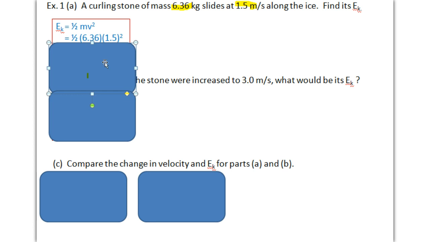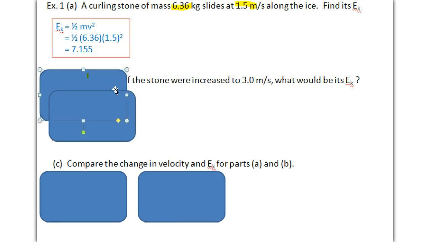So you input both. Don't forget to square the velocity first, then multiply by 6.36 and multiply by half. And you come back with a final kinetic energy of 7.155 joules, or rounding to significant figures, 7.2 joules.